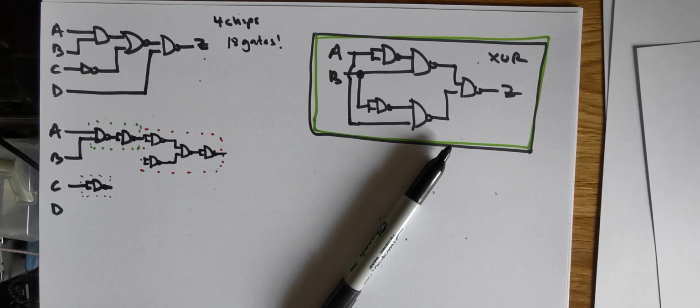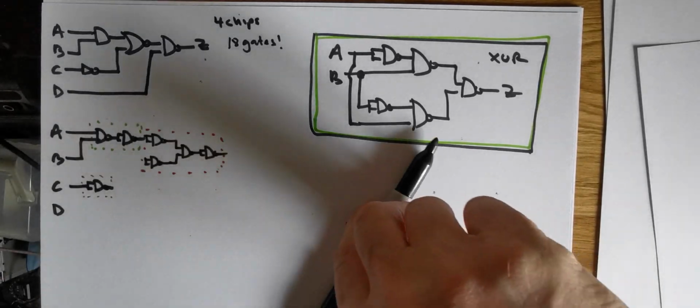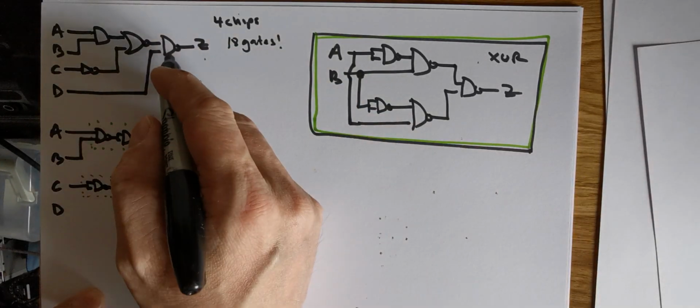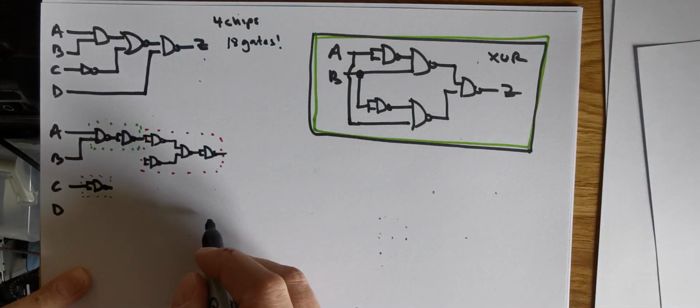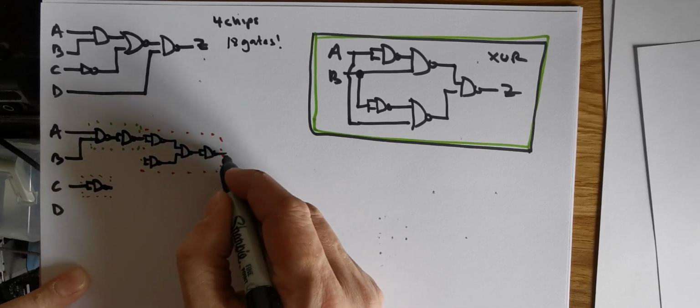Drop my green pen. Don't know where my green pen is. And then we've got this NAND gate. So the NAND equivalence of a NAND is just a NAND. Fantastic.